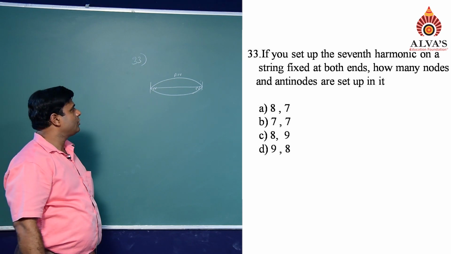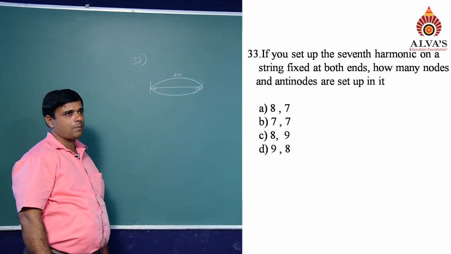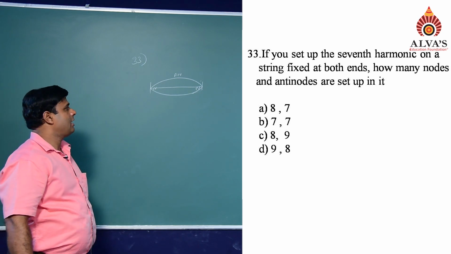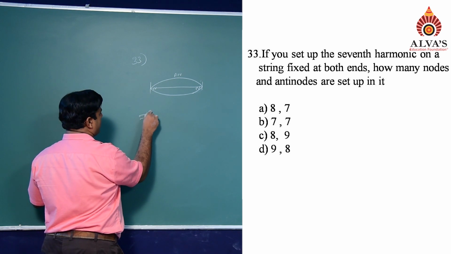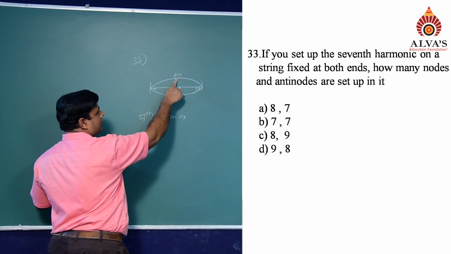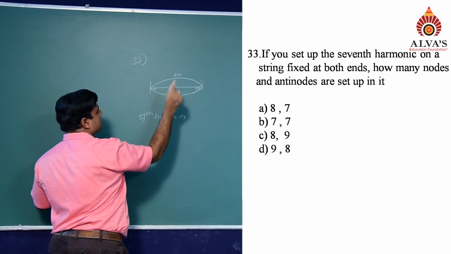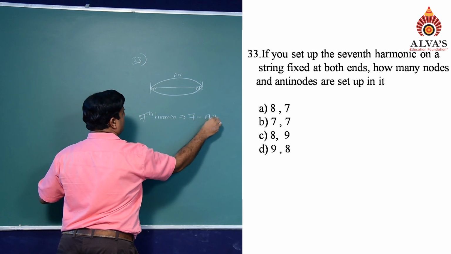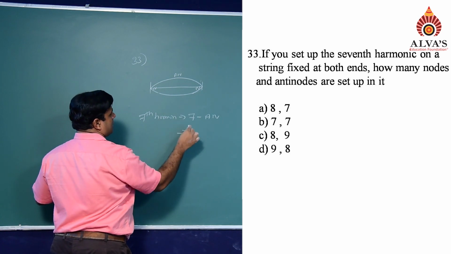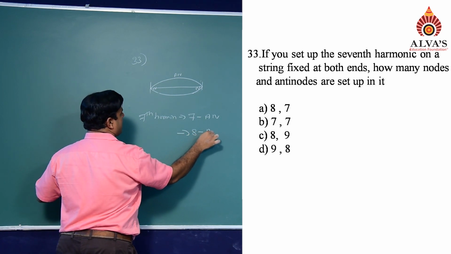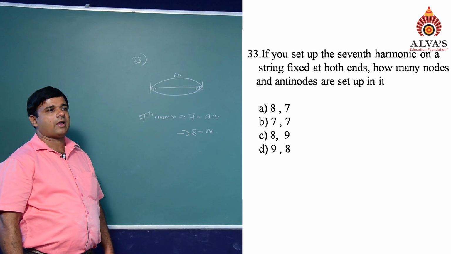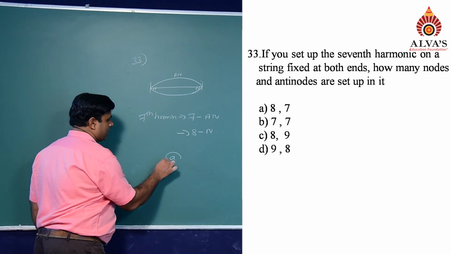So, one harmonic gives one antinode, 2 nodes. Increase in the mode increases both antinode and node by 1. Therefore, 7th harmonic implies first harmonic 1 antinode, 7th mode 7 antinodes. First harmonic 2 nodes implies 7 plus 1, which is equal to 8 nodes are present. Therefore, number of nodes is 8, number of antinodes is 7. So, the answer is E.